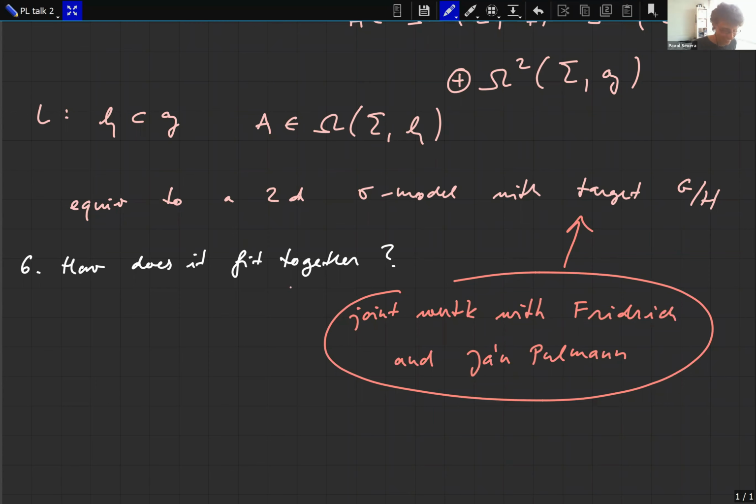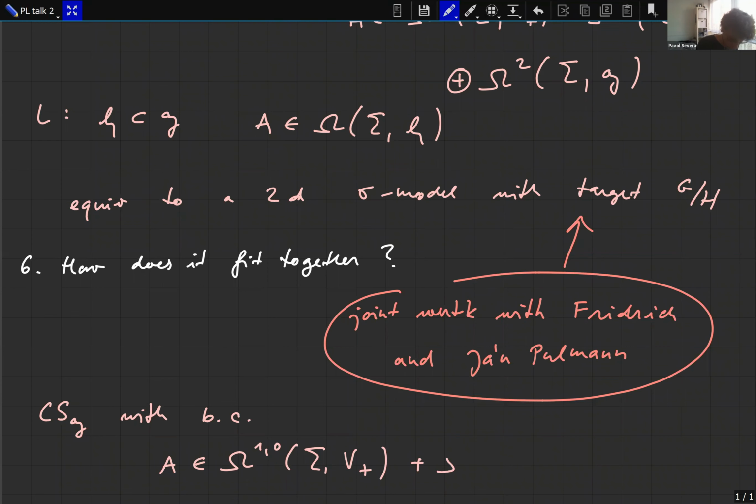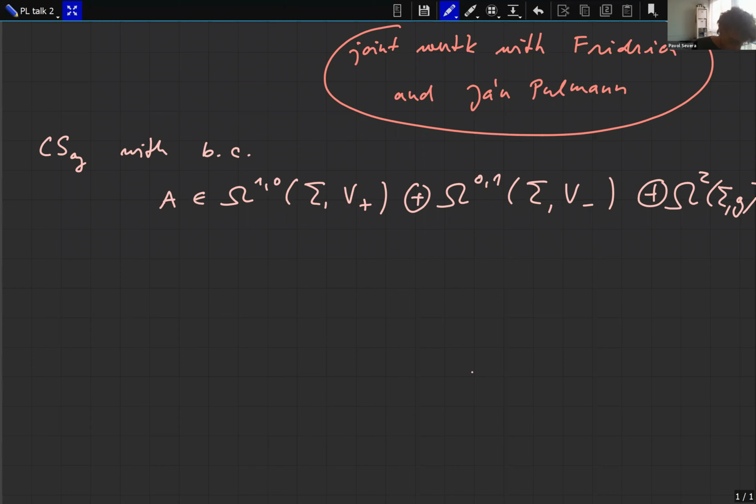So what I wanted to tell you: let us consider this Chern-Simons theory with group G, and with this non-topological boundary condition, which is given by A in Omega^{1,0}(Sigma) with values in V plus, plus Omega^{0,1}(Sigma) with values in V minus, plus just Omega^2(Sigma) with values in G. We have no idea how to make that Laplacian appear, but at least how about this generalized Ricci thingy?